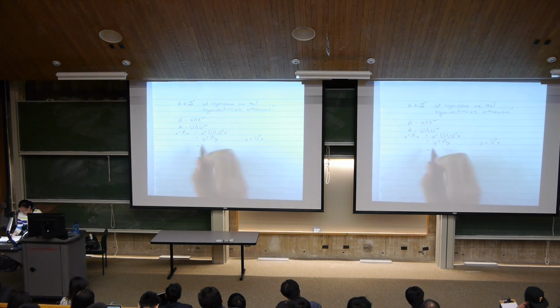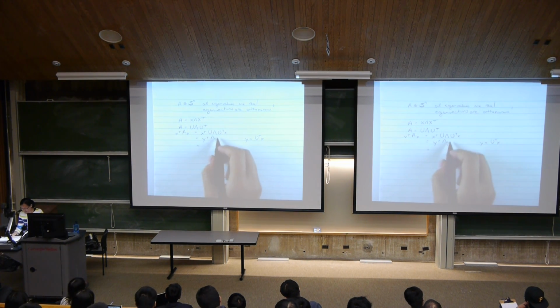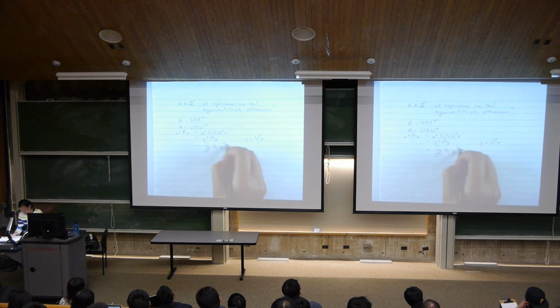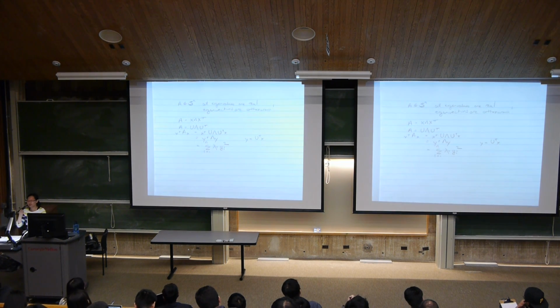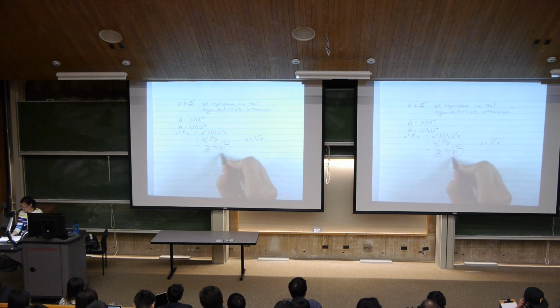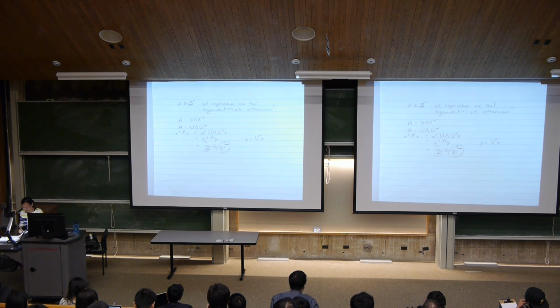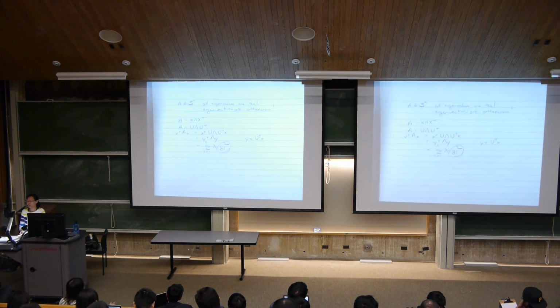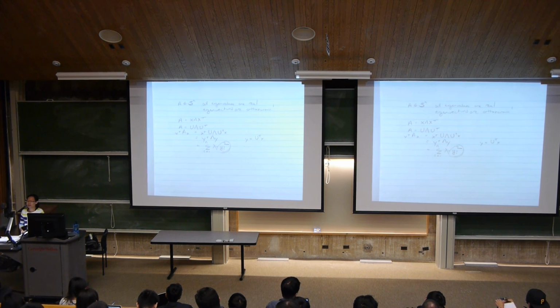Because we're doing it this way, this can be rewritten as the sum from i equals 1 to n of lambda i yi squared. This is like what you were saying, because yi squared is always positive. So in order to determine whether the matrix is positive definite, you only have to look at the sign of the eigenvalues.